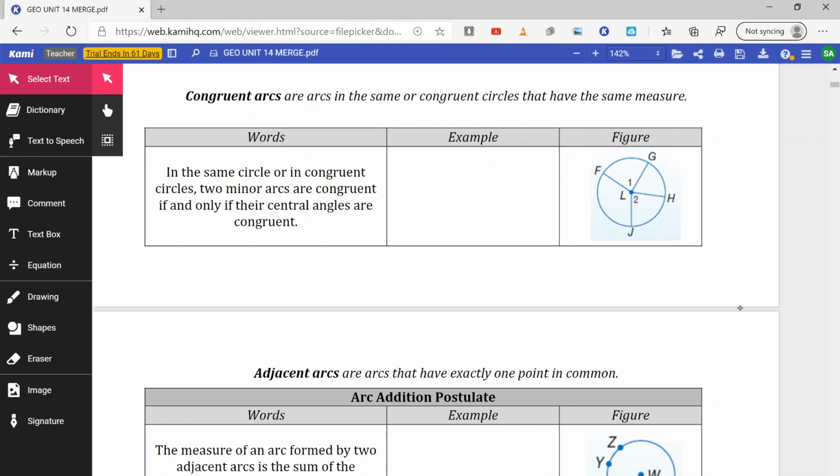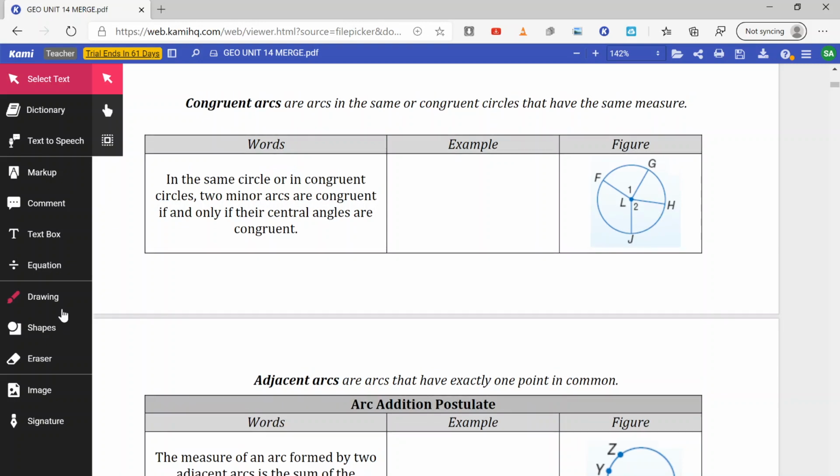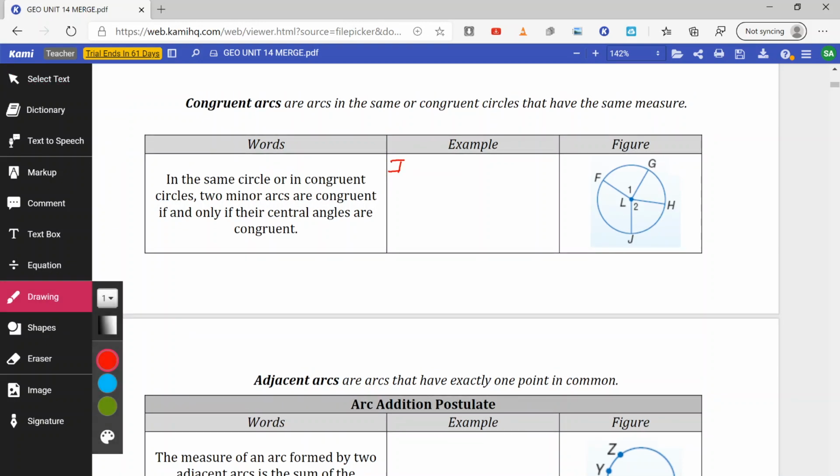So if we take a look at circle L here, we can say if angle 1 is congruent to angle 2, then arc FG is congruent to arc JH.